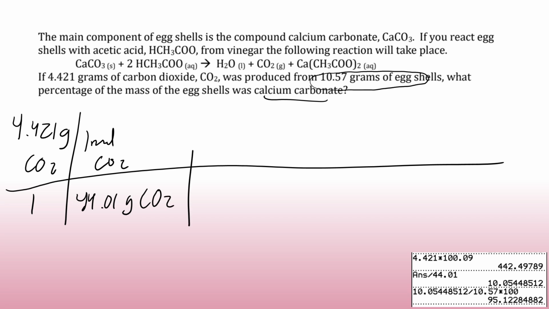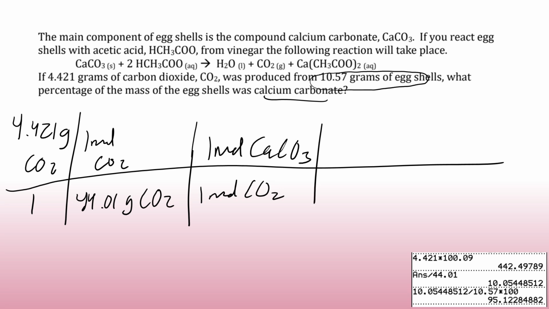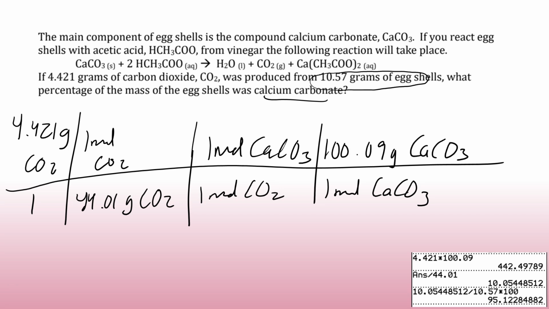Yes, we are. So we have 1 mole of CO2. Lucky for us, we have 1 mole of calcium carbonate, 1 mole of CaCO3 on the bottom. Get the molar mass, which should be 100.09 grams of calcium carbonate. Do your math.